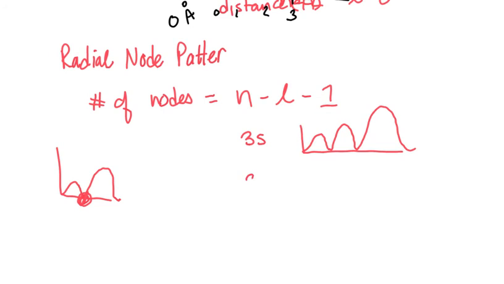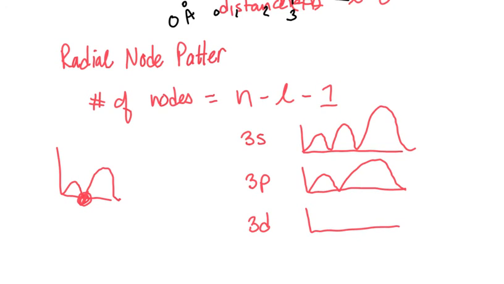Okay, and then if we have the 3p, n equals 3, p is 1, so that's 3 minus 1 minus 1. So we can predict that it's just going to have 1 node. And then 3d, n equals 3 minus 2, because d is 2, minus 1, which you should automatically be thinking equals 0, so we should have 0 nodes.